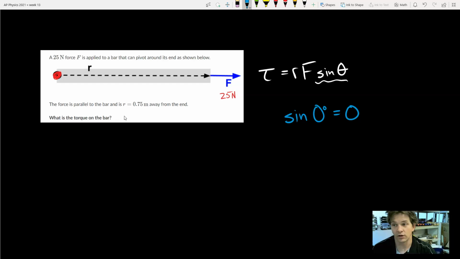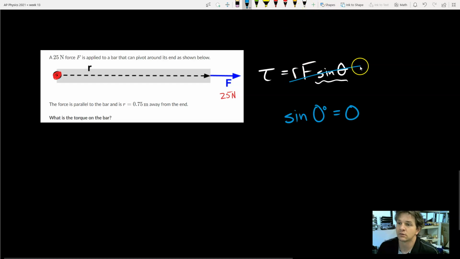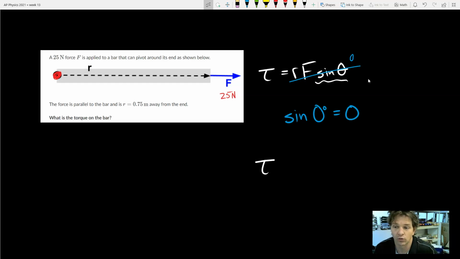That's R F times 0. So this entire thing now just goes away to 0. So if your force is parallel to the bar, we don't even have to do a whole lot of work. We just know that the torque is equal to 0 Newton meters.